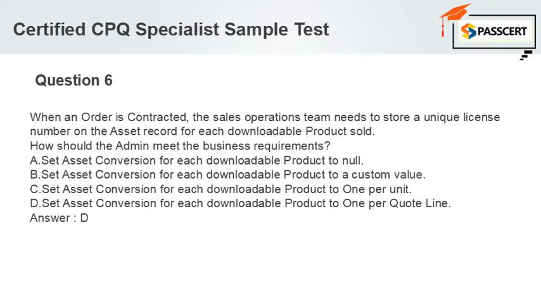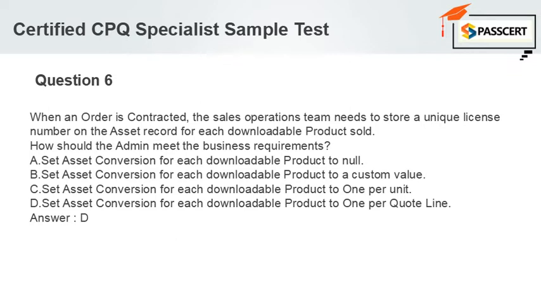Question 6. When an order is contracted, the sales operations team needs to store a unique license number on the asset record for each downloadable product sold. How should the admin meet the business requirements? A. Set asset conversion for each downloadable product to null.